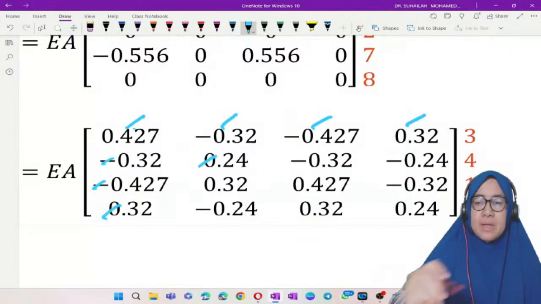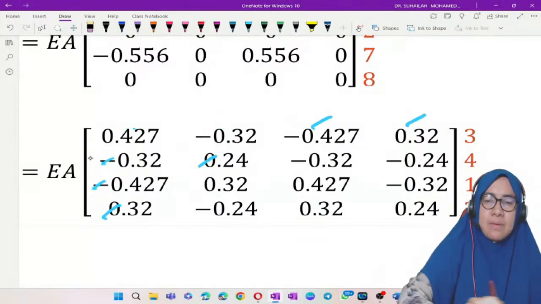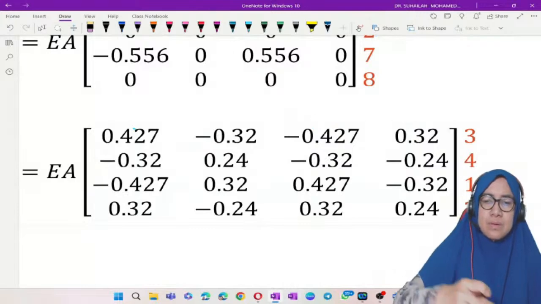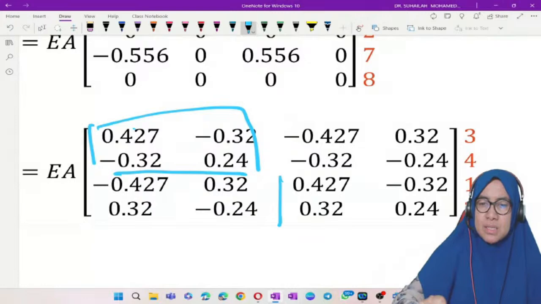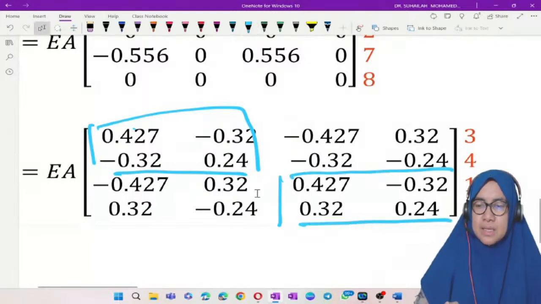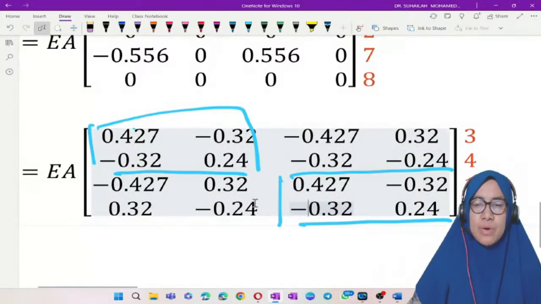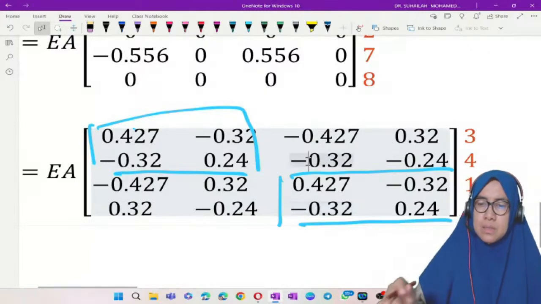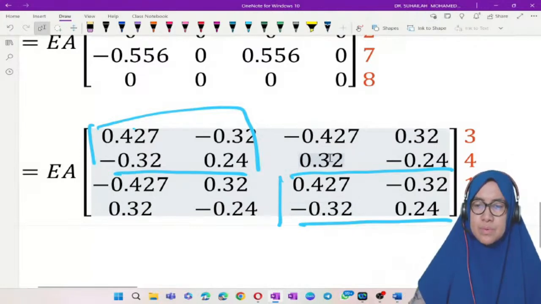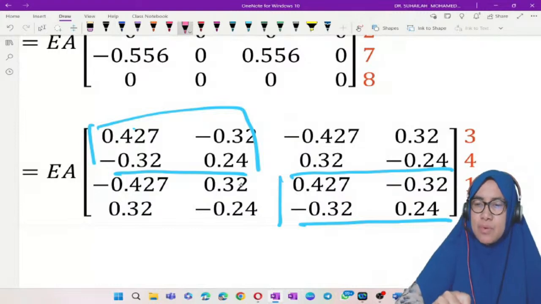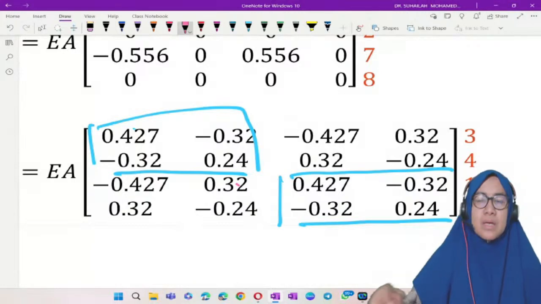This is negative 0.32, 0.24, 0.24, so this one is positive. The signs follow negative, positive, negative, positive.